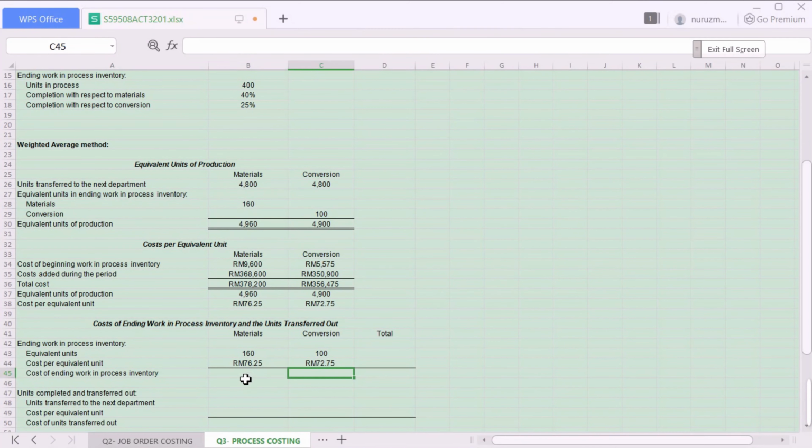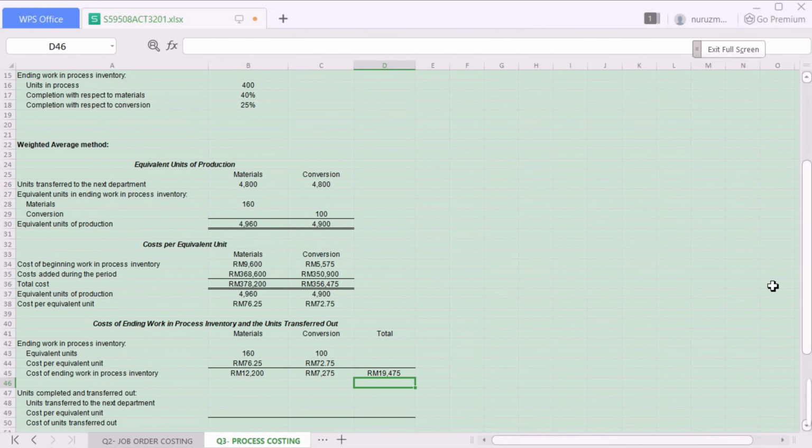Cost of ending work in process inventory is equivalent units multiplied by cost per equivalent unit. For materials, 12,200, and for conversion 7,275.